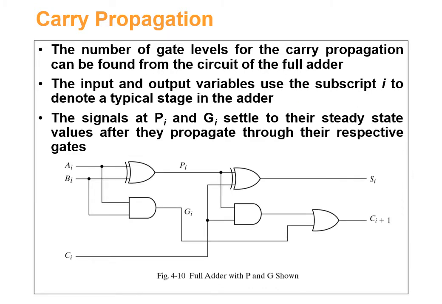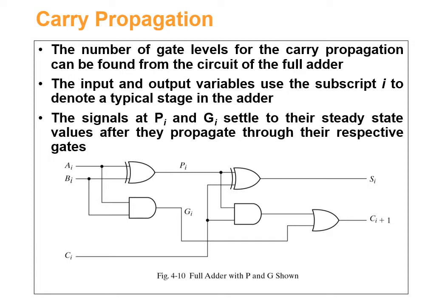The number of gate levels for the carry propagation can be found from the circuit of the full adder. The circuit is redrawn with different labels as shown in this figure. For convenience, the input and output variables use the subscript i to denote a typical stage of the adder.